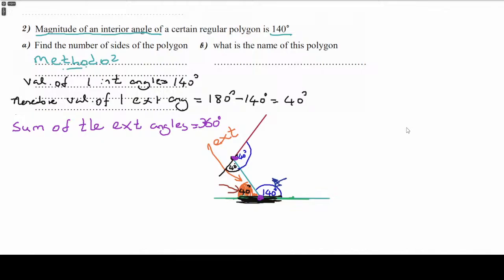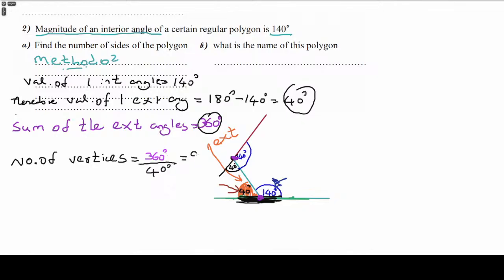So using this 40 and this 360, we can find the number of vertices the polygon has, or the number of exterior angles this polygon has. How? 360 divided by 40. To get a total of 360, how many 40s must be added together? That's what we get when we divide 360 by 40.